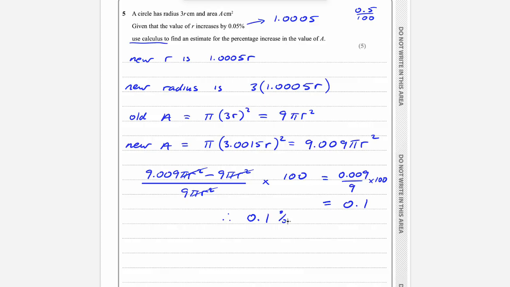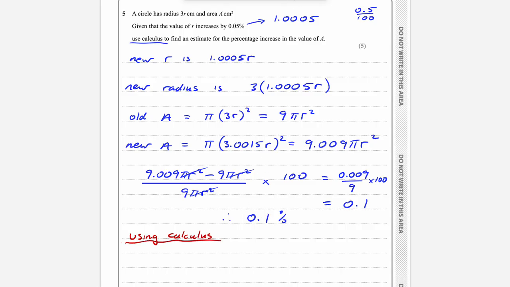That's the best way to do it as far as I'm concerned, guys. He's forcing us to use calculus, so I'm going to show you how to do it. I find this to be maybe even outside of the level of the course, but let me show you anyway. It says r increases by this, and we need to find the percentage increase in the value of A, using calculus.